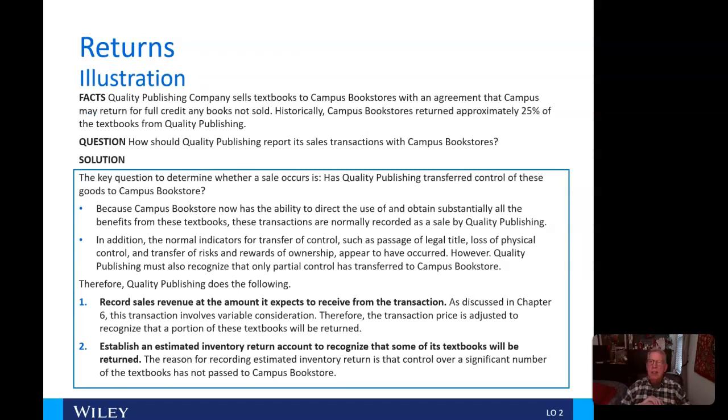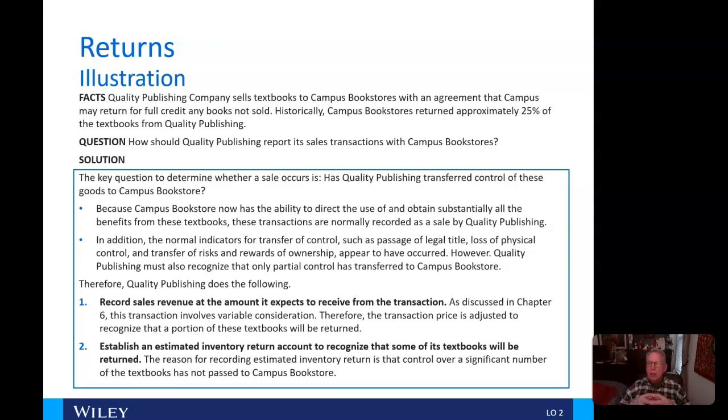Quality Publishing company sells textbooks to campus bookstores with an agreement that the campus may return for full credit any books not sold. Historically, the campus bookstores return approximately 25% of the textbooks from Quality Publishing.